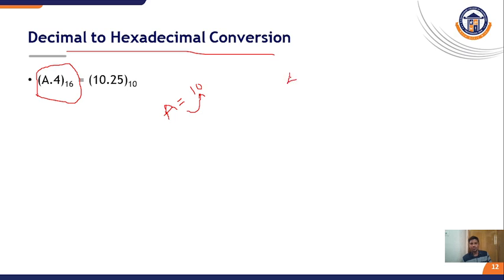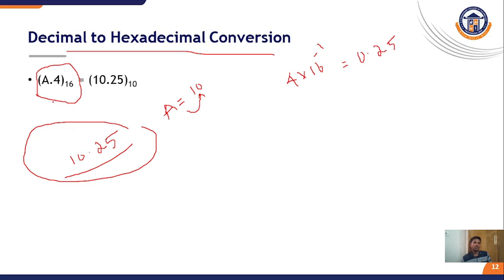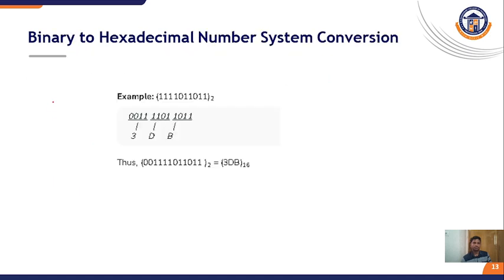The 4 we can convert as 4 into 16 power minus 1, so we will be getting 0.25. So it will become 10.25. Vice versa, we can convert this decimal into a hexadecimal number.